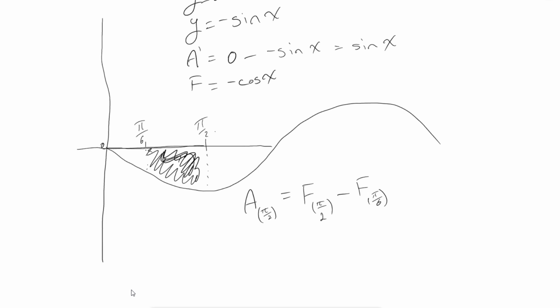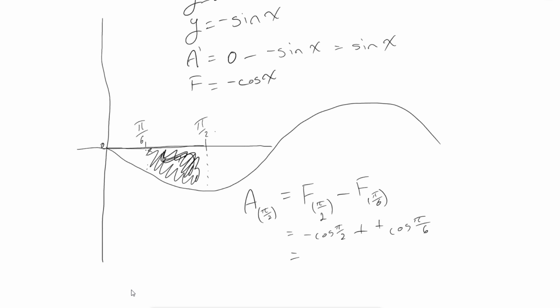That is equal to negative cosine pi over 2, like I said, this is an easier one, minus negative cosine pi over 6, which of course becomes a plus.